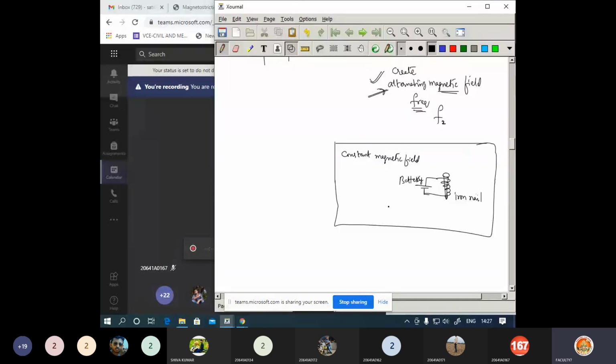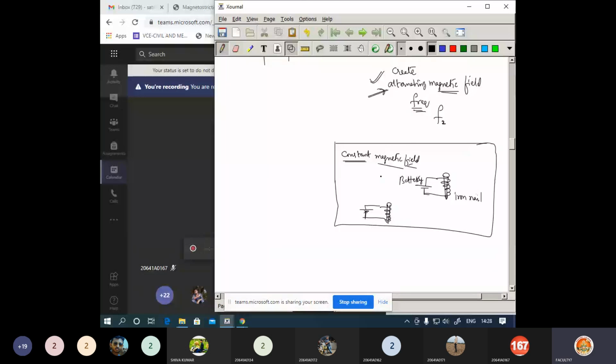Now you are winding with a coil and at one end it is connected to the positive of the battery, at the second end connected to the negative of the battery. What happens? Someone had mentioned there will be vibrations. Any more answers? So we need to understand the concept of constant magnetic field. That is a clue here.